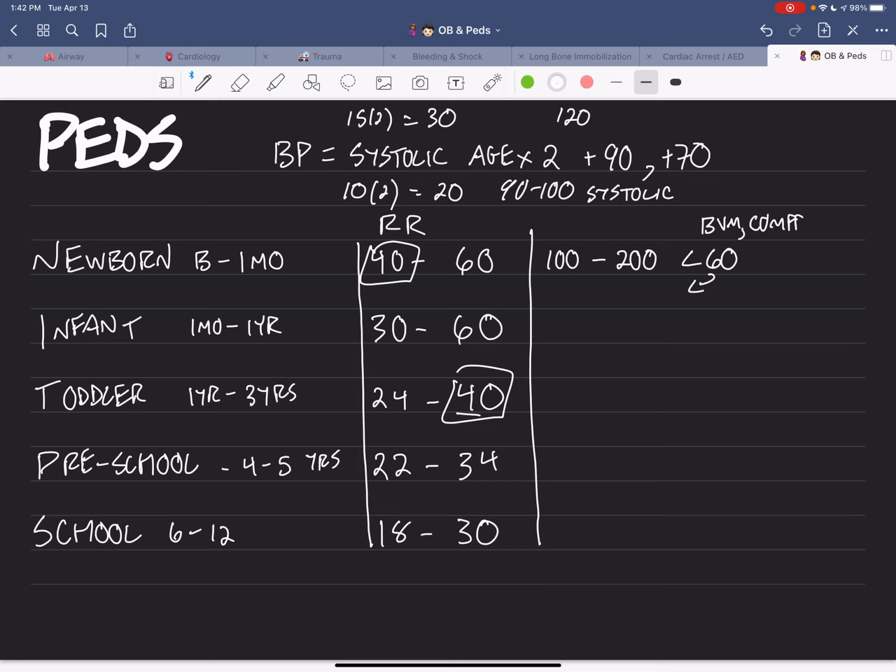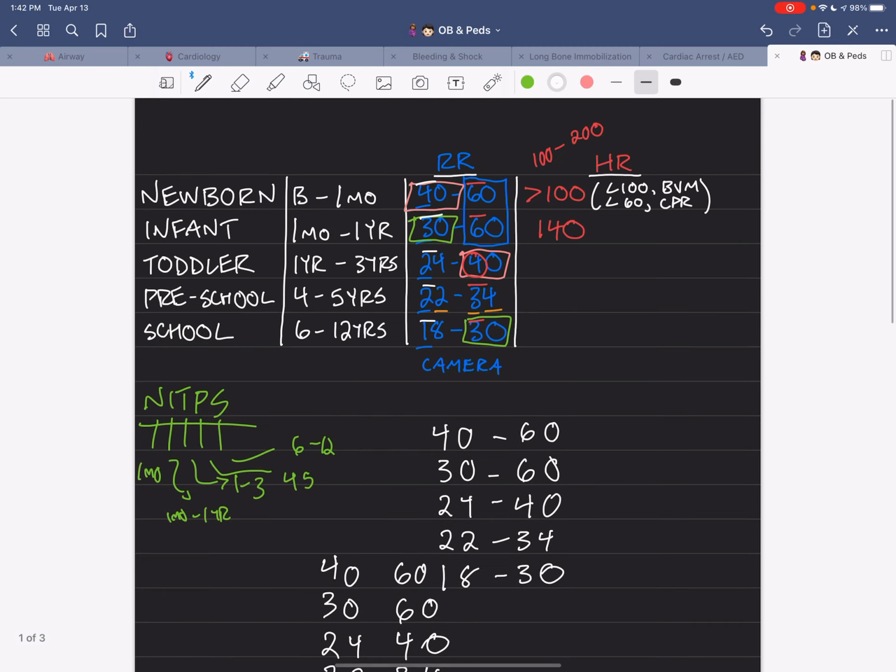You don't want it that low. Anything less than 100, and you're going to do BVM, okay? Heart rate of an infant is usually about 140. So that is respiratory rate, heart rate, the years, and when you would BVM for peds.